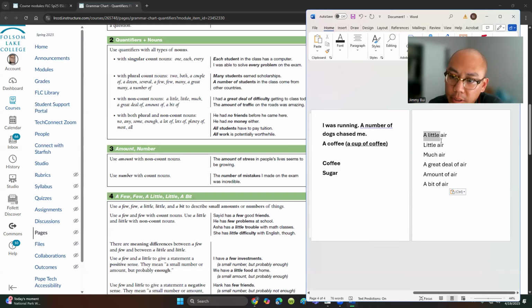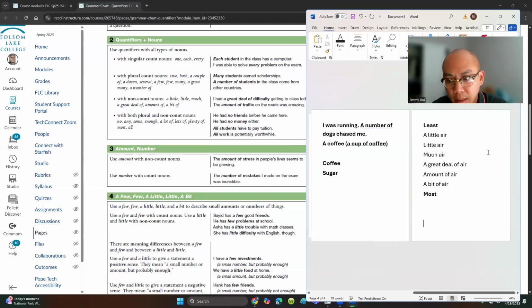I would say that little is going to be the least amount as far as non-count, and then working from bottom to top, right? These are not exact, but just to visualize: least would be a little, and then increasing to the most, a bit of, okay?